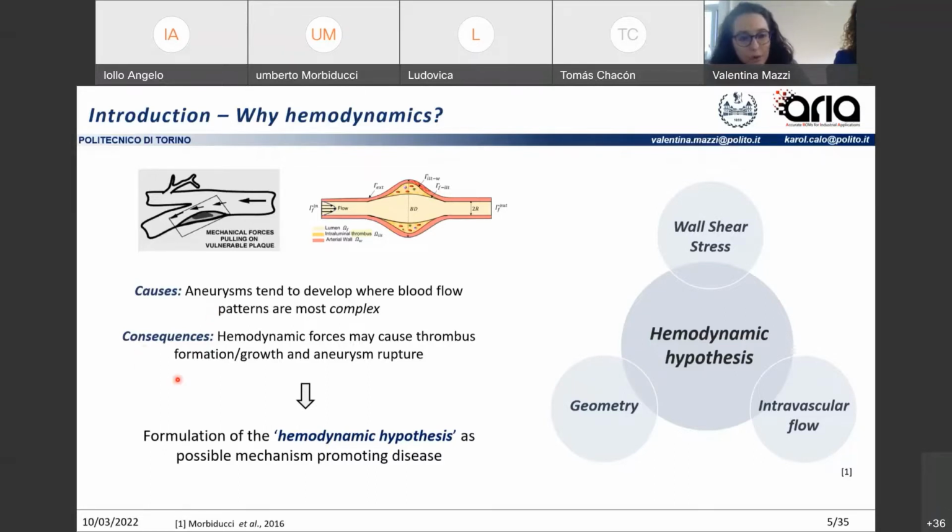But besides being involved in the causes of aneurysmatic disease, hemodynamic forces may also induce thrombus formation and growth, and also aneurysm rupture. All these reasons have led to formulate the so-called hemodynamic hypothesis, according to which there is a localizing hemodynamic risk factor for vascular disease, characterized by a strong and complex interplay between vascular geometry, wall shear stress, and intravascular flow.